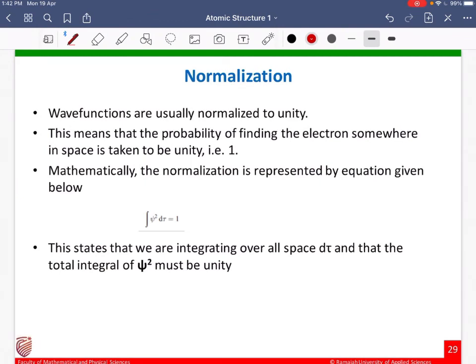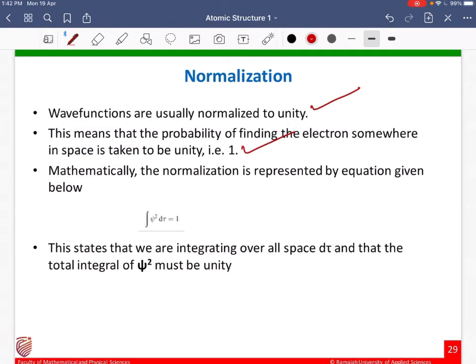Next is normalization. Wave functions are usually normalized to unity. This means that the probability of finding the electron somewhere in space is taken to be unity, 1. So the probability of finding the electron somewhere in space is 1. That means, in other words, the electron has to be somewhere.